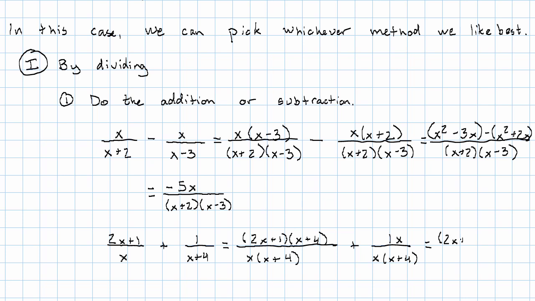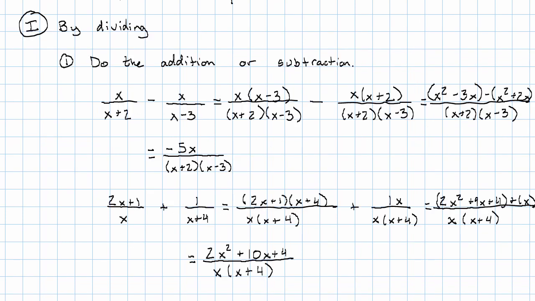So we'll have, so that first numerator is 2x squared plus 9x plus 4, plus the second numerator is just x, all over x times x plus 4. Carrying out that addition in the numerator, that's what we get.